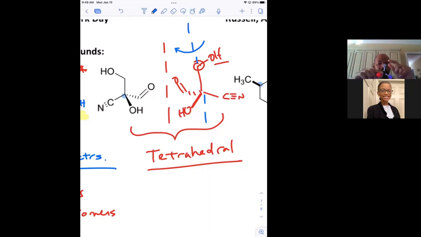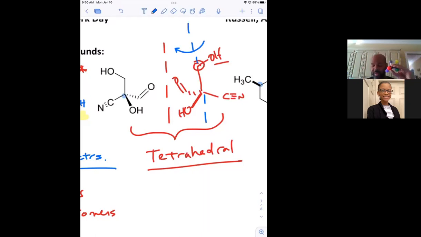Cyanide is going to be purple, and then this group up here, even though we only care about that for priority. So this is oxygen. This is the aldehyde on the dash, and the oxygen is coming out at you. The aldehyde is coming back at me. That's the purple atom. And then the green atom is going to be cyanide, and then this is the OH group up top.